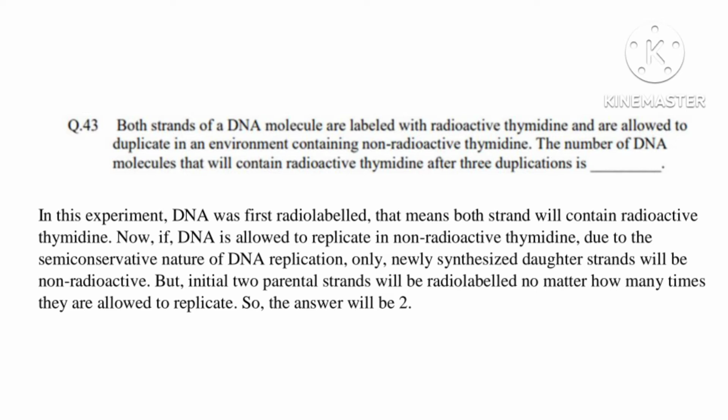Now if DNA is allowed to replicate in non-radioactive thymidine, due to the semi-conservative nature of DNA replication, only the newly synthesized daughter strands will be non-radioactive, but the initial 2 parental strands will be radiolabeled no matter how many times they are allowed to replicate. So the answer will be 2.